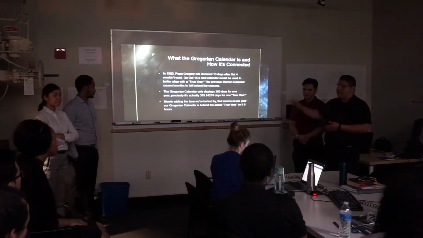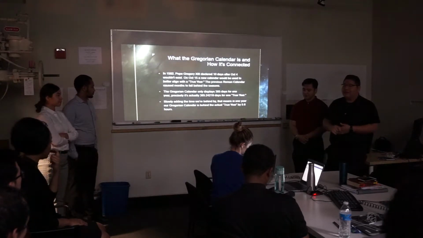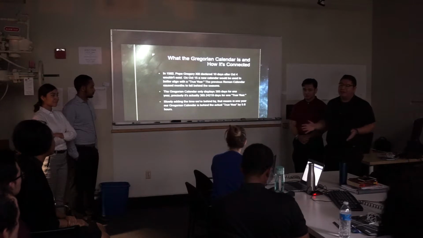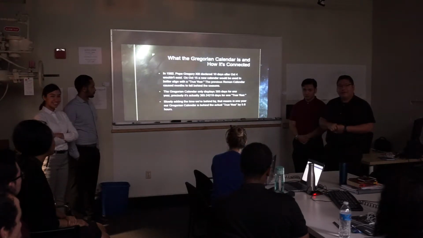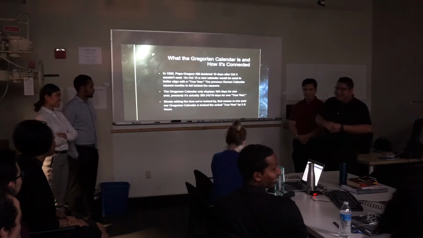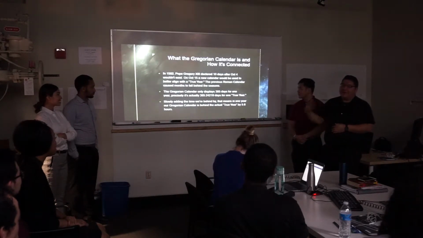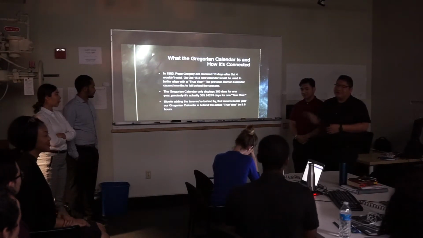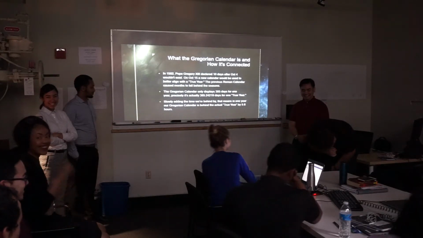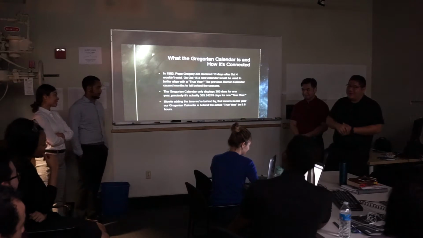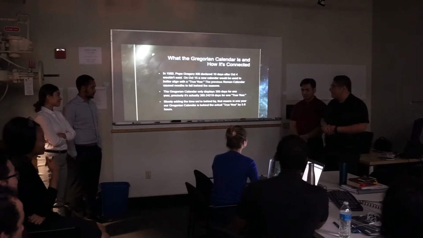He introduced this calendar to replace the old Roman calendar, which was completely inaccurate. The calendar was really inaccurate over the years. The seasons would be completely out of alignment with the actual true year.